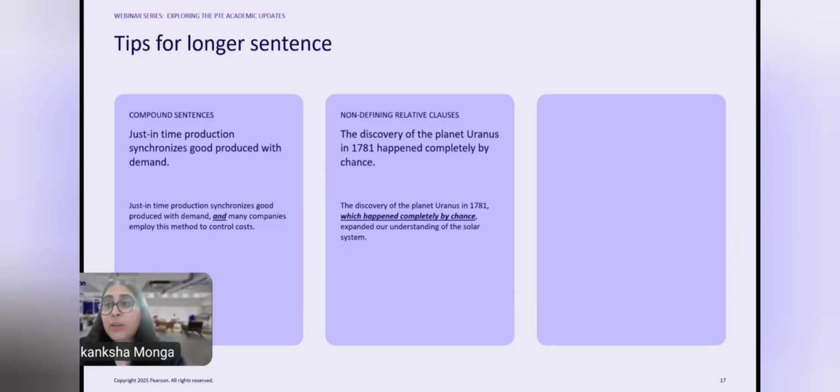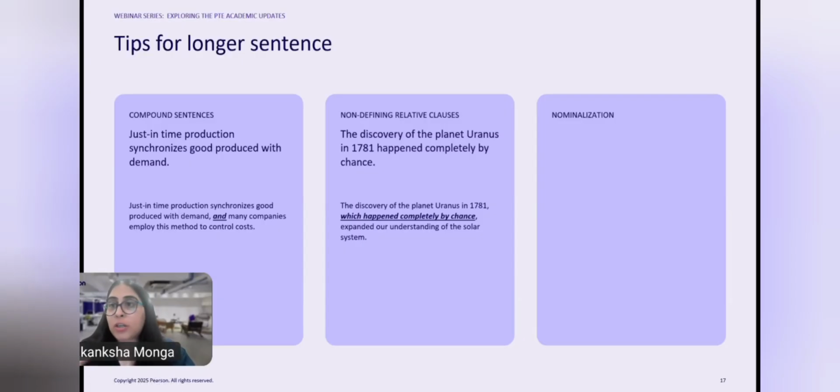And if you notice, if we remove the section in bold from this sentence, the sentence without it will also still make sense. So you can still say the discovery of the planet in 1781 expanded our understanding of the solar system. And if you remove the relative clause, this original sentence will not change. This is only to add more information. So this is known as a non-defining relative clause.